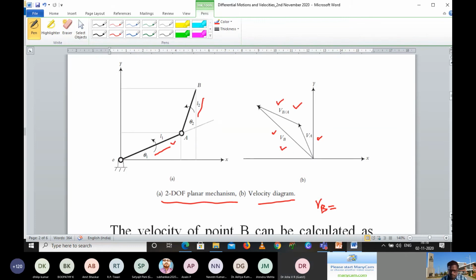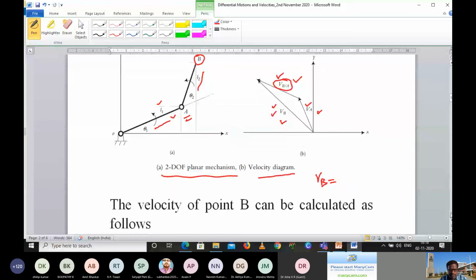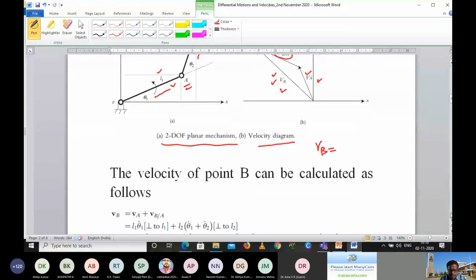So as I told you, this is link 1, and the velocity of A is given here in the velocity diagram, and B is given here, and then you know that this is VB by A. The velocity of point B, how to calculate it? It's similar to the previous case.